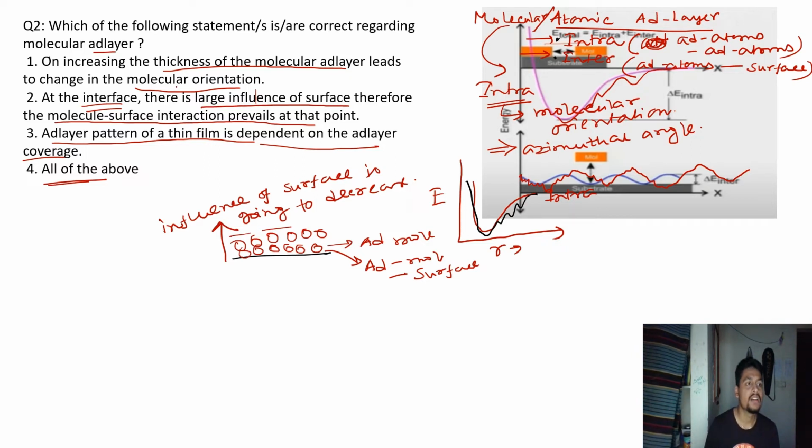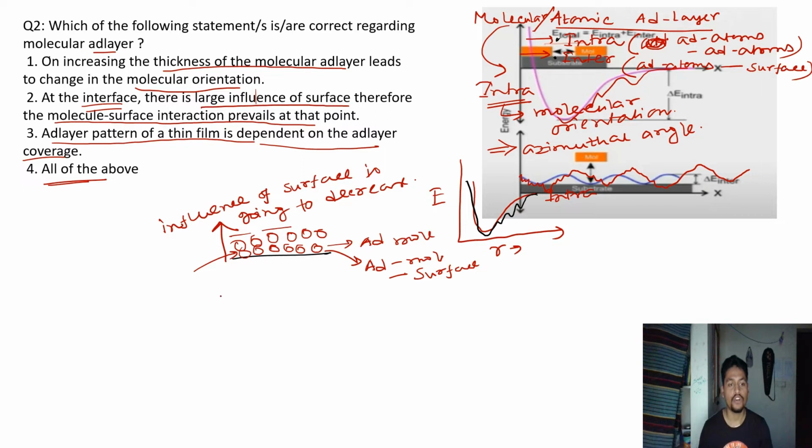Then there will be very little influence of the surface whenever the thickness is higher. At that time the influence of the surface will be much less, so the surface is not going to determine the molecular orientation. In the first layer, there will be a high influence of the surface on how the molecule deposits.